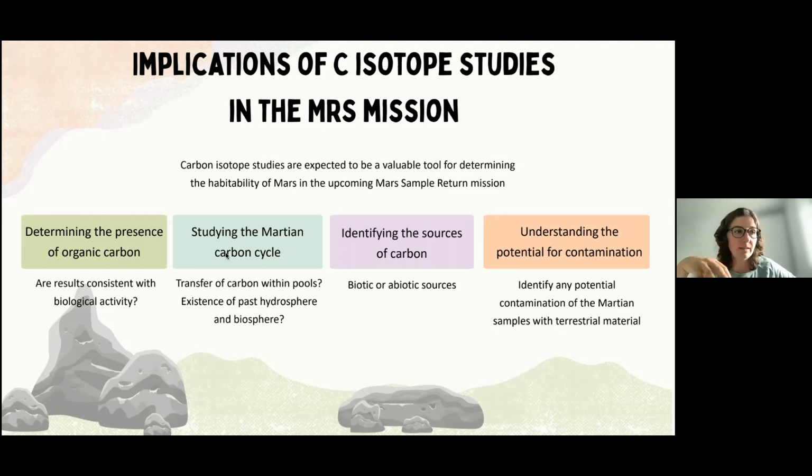And we need this information to ensure that the results of the carbon isotopes are accurate and reliable. And the objective is to avoid the misinterpretation, to be clear that the signature that we are looking at makes sense and is not overlapped by additional material, in this case from Earth.